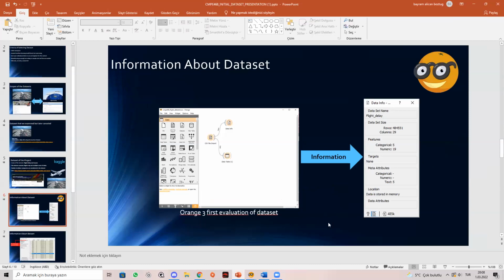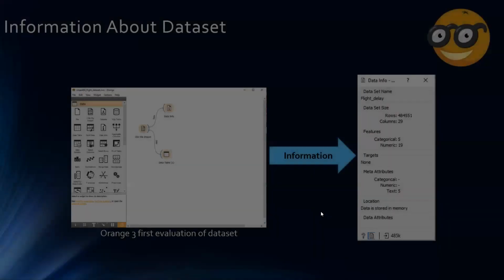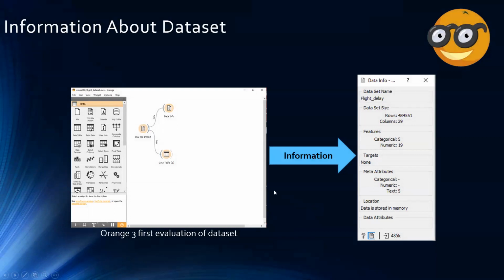Firstly, we import the data set on the Orange. Can you make it full screen? Yes, sir. We import our data sets on the Orange and we examined our data with the data info command.